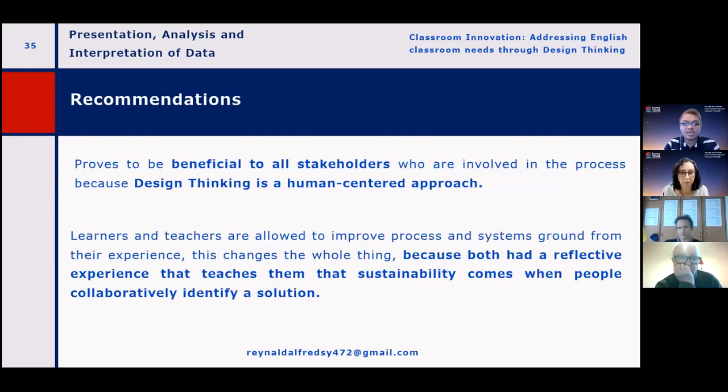Of course, it's beneficial to the stakeholders because of its human centeredness. If we take care of our clientele, if we take care of our learners, of course, they are more likely to learn and absorb the things that we're teaching them. They would be able to learn the target language. They would have a better learning experience because we have secured and infused their thoughts and feedback into improving our instruction.